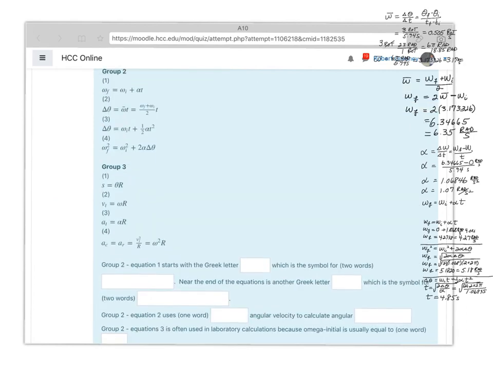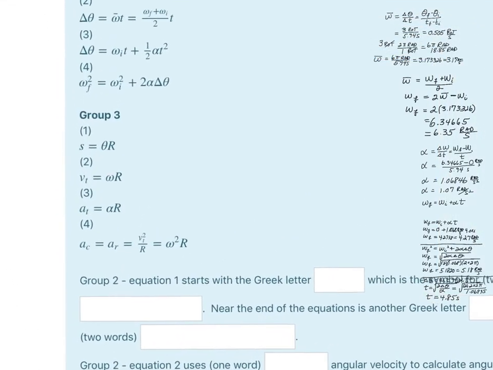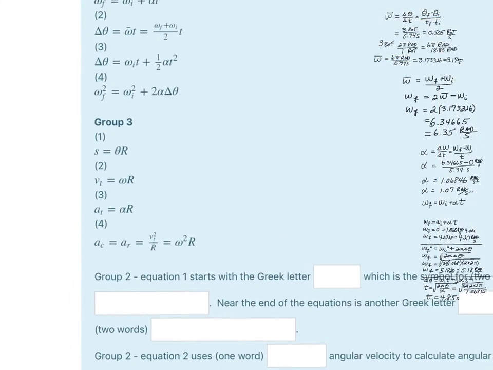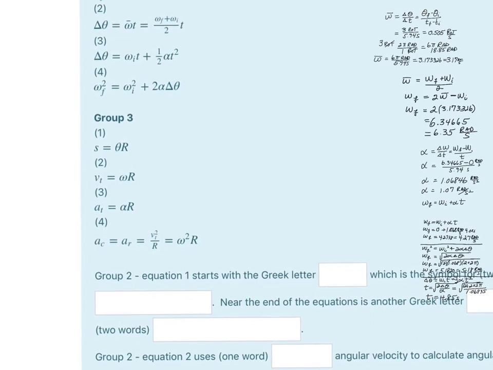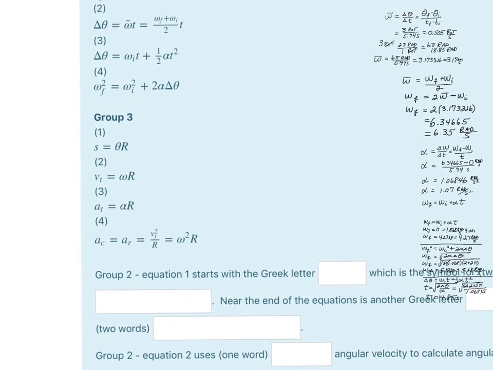Right? So these equations in group 3, let me just expand that. These equations from group 3 are the ones you're going to use, and they have numbers like the rest of them. So if you're trying to get a distance when you have the angle, you use this equation.